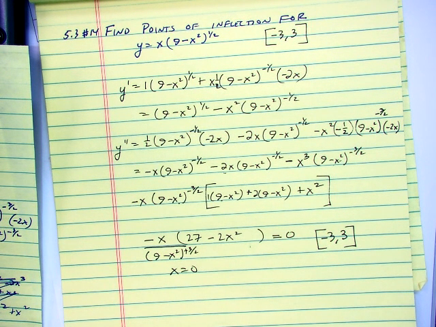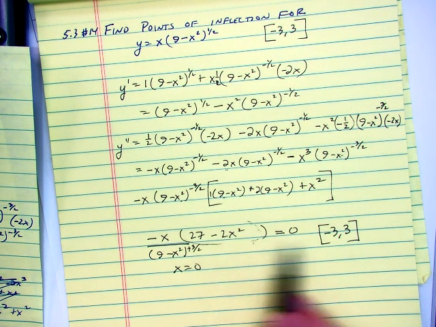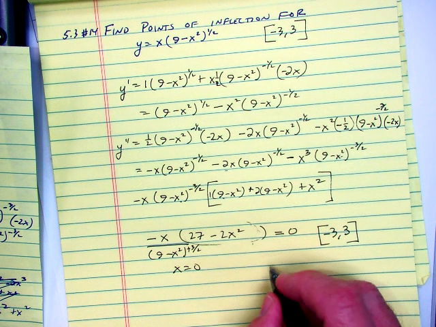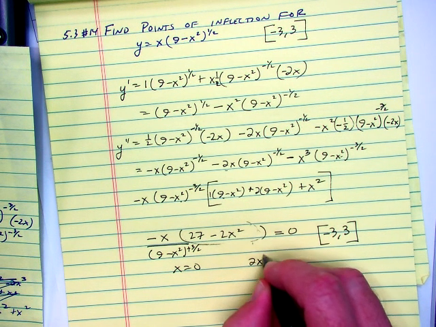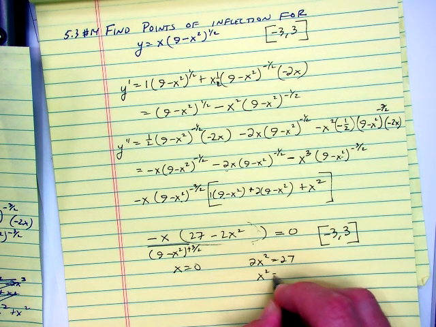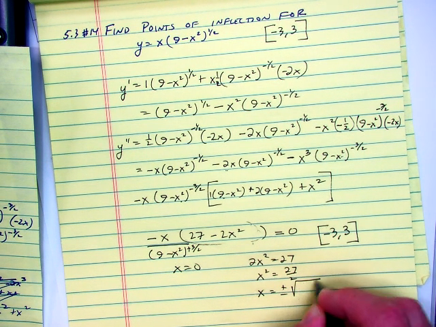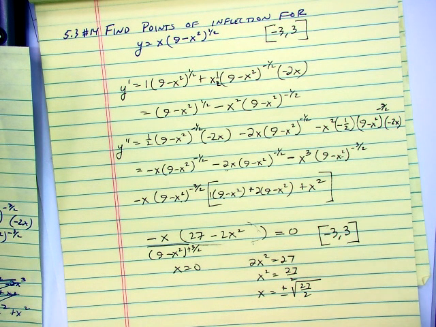Okay. Then the next one is we have to look at, well, where is this 0? And this interval actually makes it easier because this is not in the interval, but how do I show that? It's going to be 2x squared is equal to 27. So x squared is equal to 27 over 2. So x is plus or minus the square root of 27 over 2. Well, you may say, well, how do I know it's not in the interval?